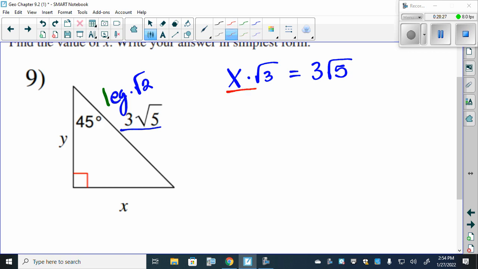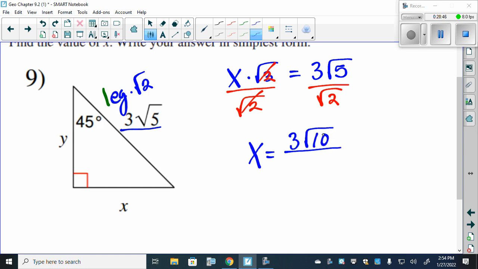Well, we divided both sides by the square root of 2. And the value of y here is going to be 3 square root of 10 over 2. And they're going to be the exact same.